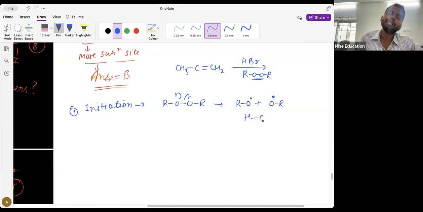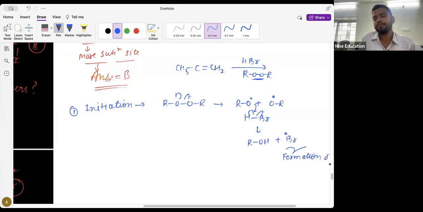Again this free radical will attack this HBr to give us a free radical of H and a free radical of Br, and this ROH will be formed and Br radical will be formed. So here the first step will be the formation of Br radical.